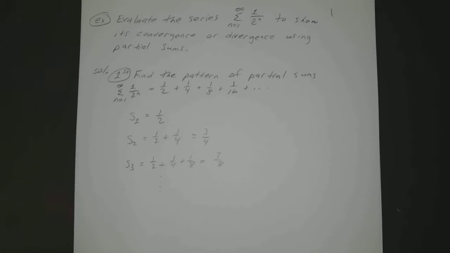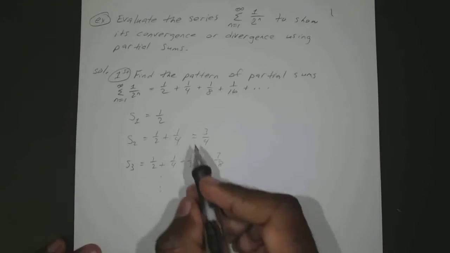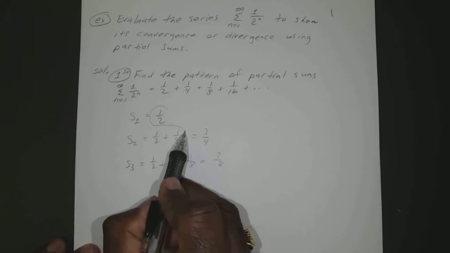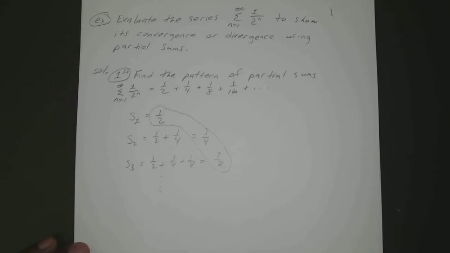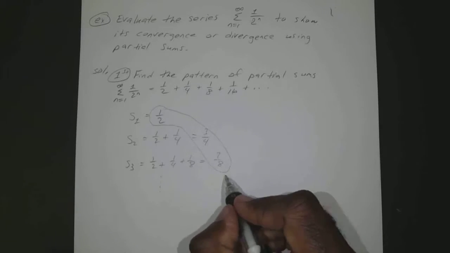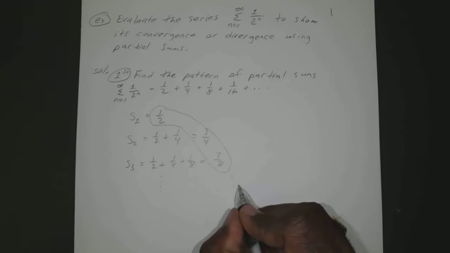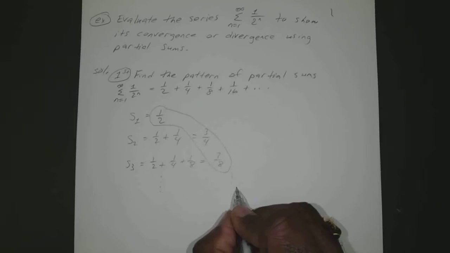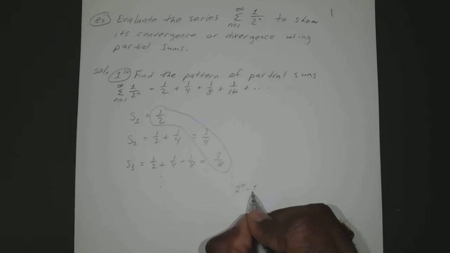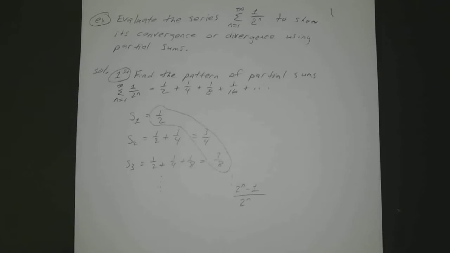Okay, so this would just keep on going to how many you need before you can figure out the pattern. So if we looked at all of these answers, you may have to go one more if you wanted to find the pattern. But this kind of looks like 2 to the nth power minus 1 over 2 to the nth power, because as you keep going, the numerator is always 1 smaller than the denominator.